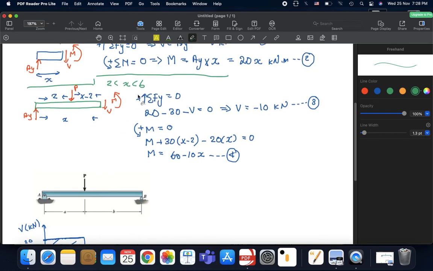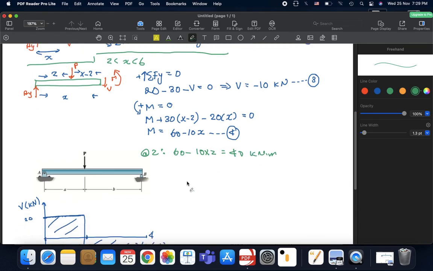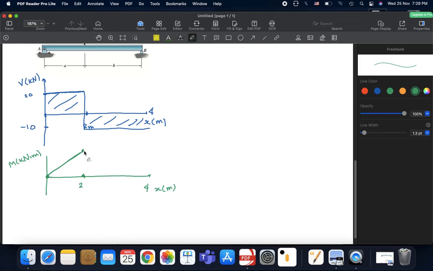What about distances between 2 and 6? We go to this equation. Let's apply the first boundary, which is 2: 60 minus 10 multiplied by 2, which is 60 minus 20, equals 40 kilonewton meters, exactly the same point, 40 at 2.